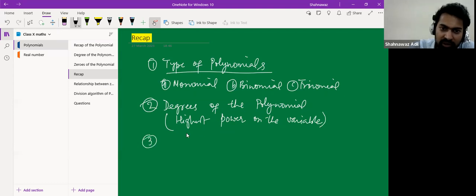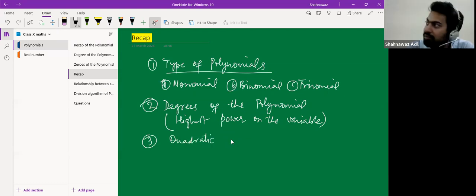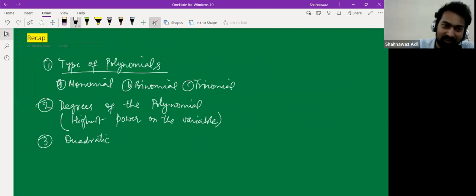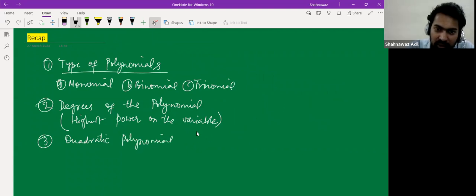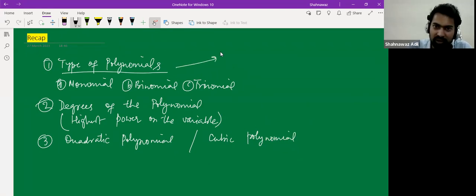And then we did two special cases of polynomial. One was the quadratic polynomial, and the other one was cubic polynomial. And the thing about fractions was that a polynomial cannot have a fractional power, and the other was that a polynomial cannot have a negative power.